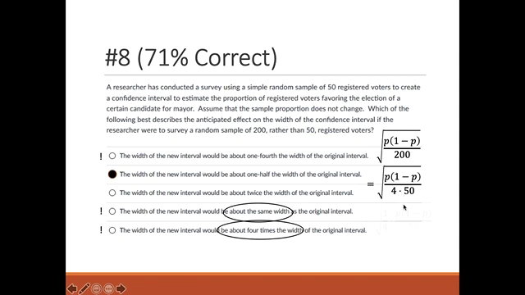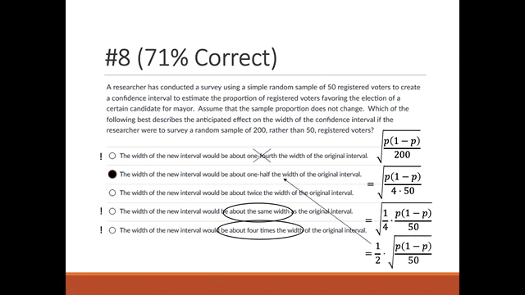Dividing by 4 is the same as multiplying by a fourth, and if you take the square root of a fourth, you get 1/2. So bottom line, it's not going to be the same width. You change the sample size, you are definitely going to change the standard deviation.